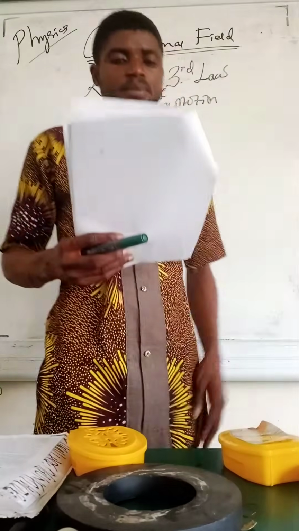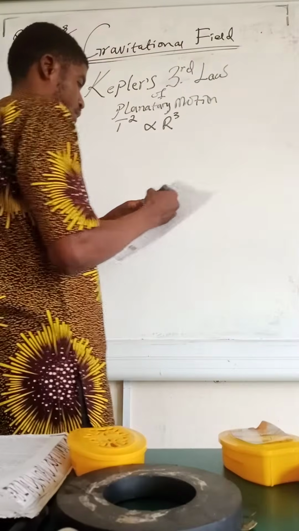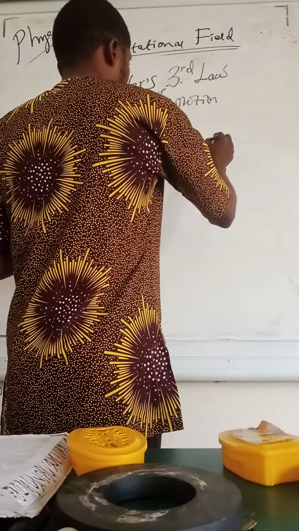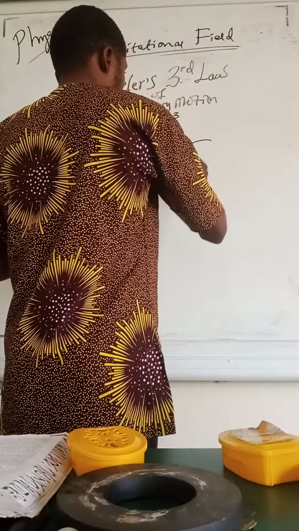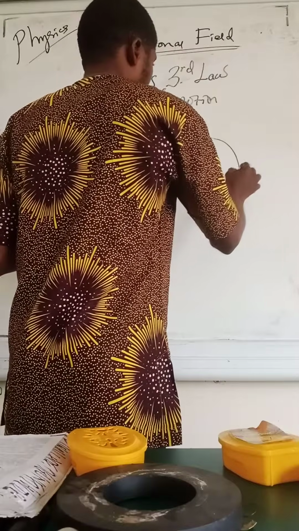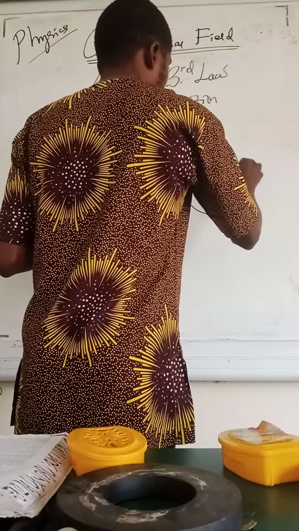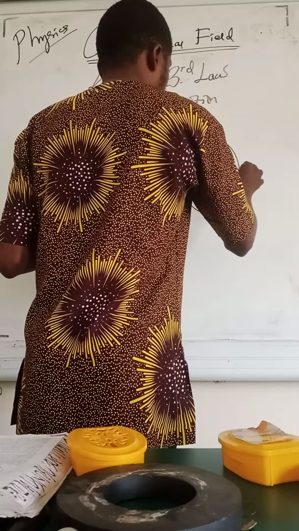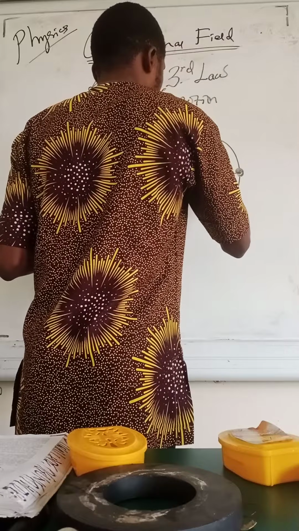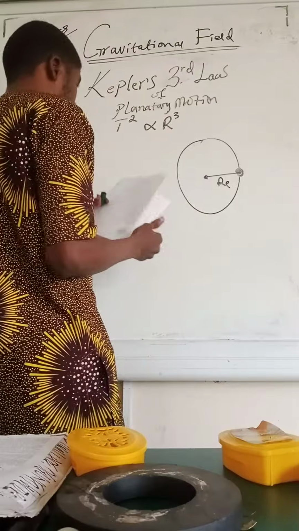It reads: a satellite of mass small m. Let's look at this as the Earth, and this is that satellite, and this is the radius of the Earth, this is your R_E.